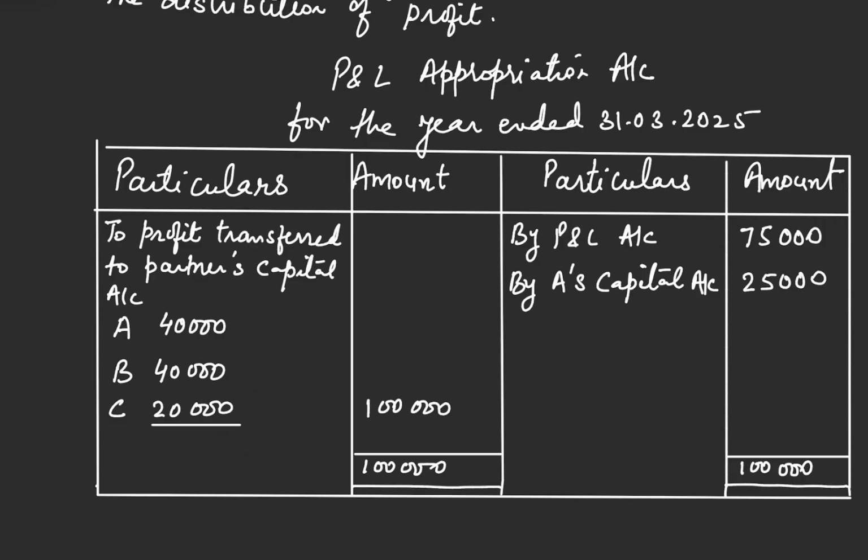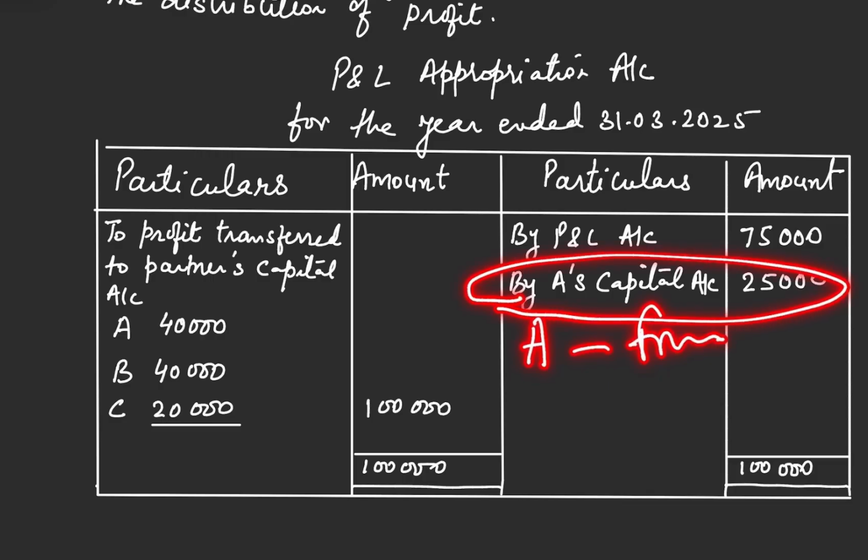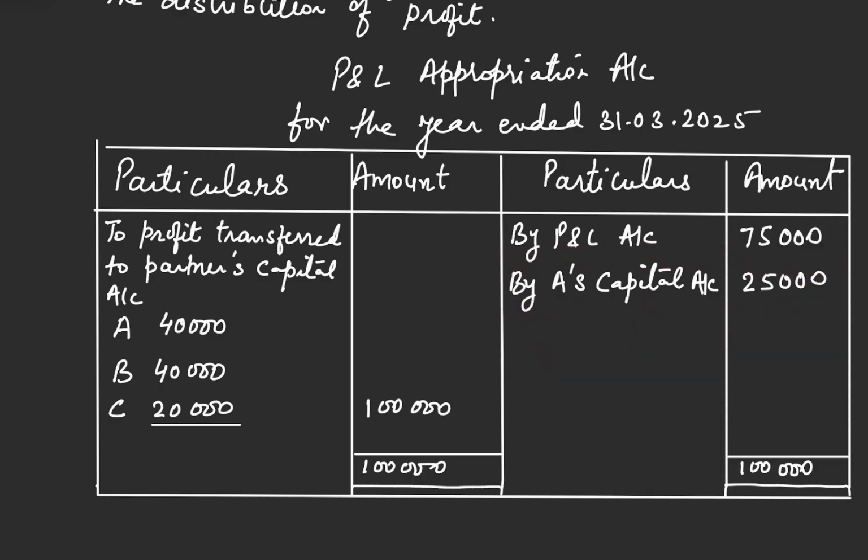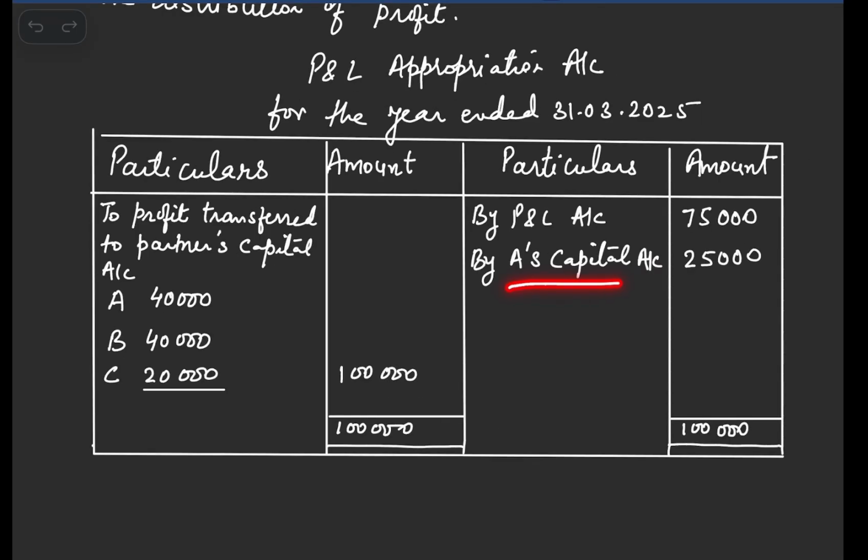So this is how, if a partner gives the minimum guaranteed amount of profit to the firm, the deficiency is borne in this way, by crediting the partner's capital account. I hope with this you have understood the concept, and we will discuss more questions on guarantee.